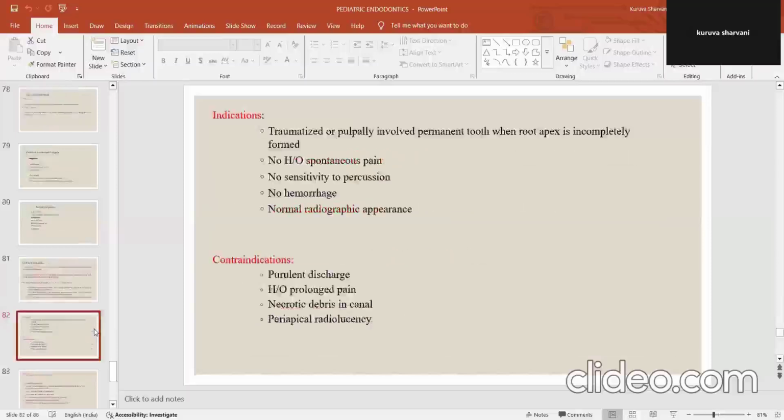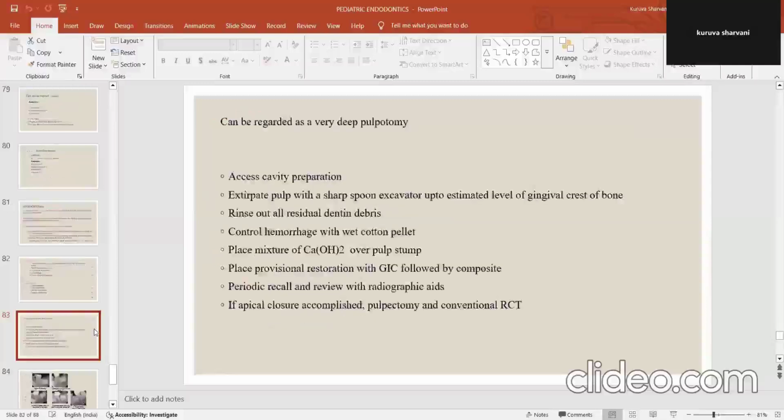Mostly apexogenesis is done in traumatized or carious permanent teeth with incompletely formed roots. There will be no history of spontaneous pain, no history of sensitivity, no hemorrhage. Contraindications include pus discharge and prolonged pain. Now, it can be regarded as a partial pulpotomy.